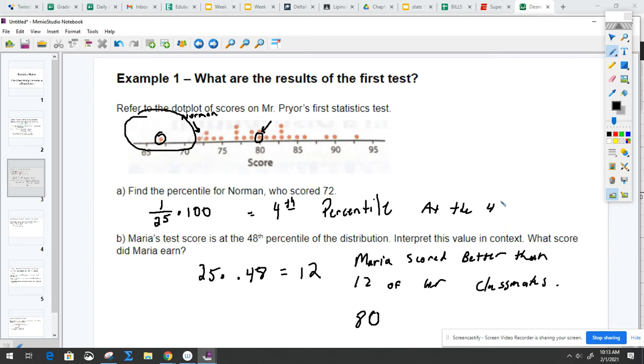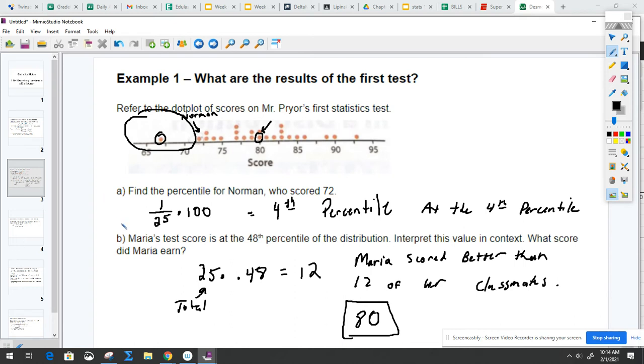At the fourth percentile, not in the fourth percentile, because his data wasn't included. And then, to find the 48th percentile, we take the total and multiply it by the given percentage, and that will give us the value we're looking for. That's the interpretation of it. Then we can count to find the score or the data point that we are looking at.